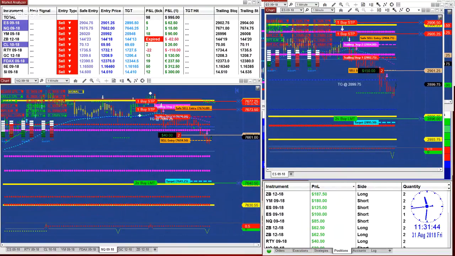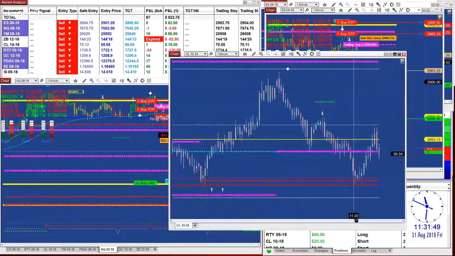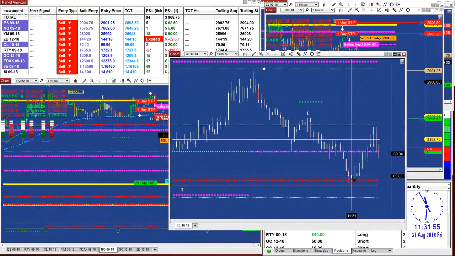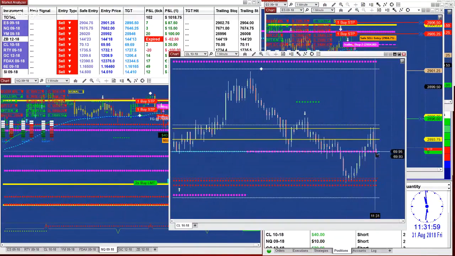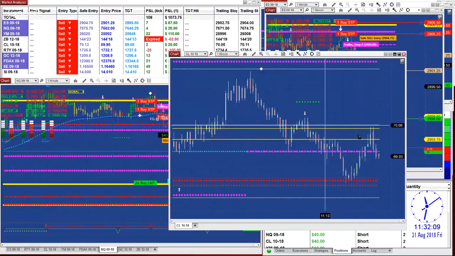Let me show you on the CL. On the CL, we knew ahead of time this is the limitation on that trade. Then I said it could be taken short from that area. The system was saying the re-entry point is 70.13.